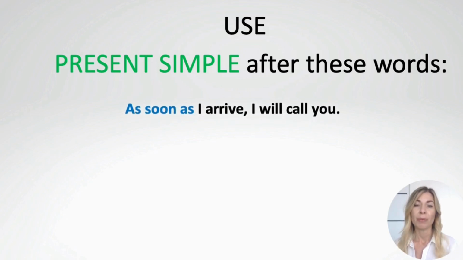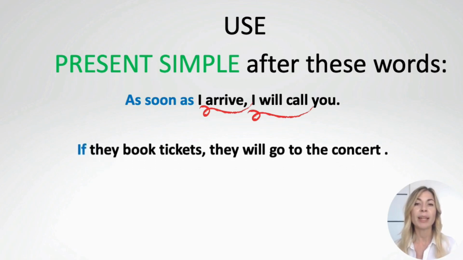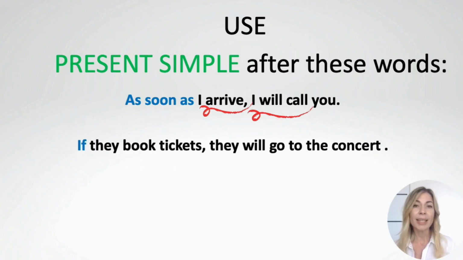For example, as soon as I arrive, I will call you. You can see that after as soon as, I'm using I arrive. But in the second part of the sentence, I should use future. Okay? So just keep in mind, if they book tickets, they will go to the concert.